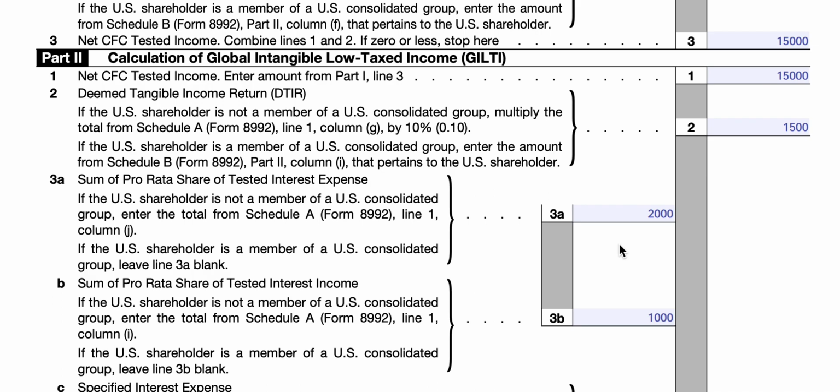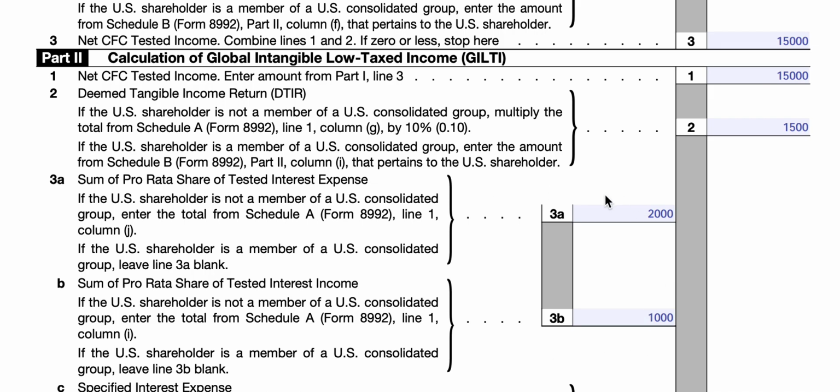So we're going to derive that information from the respective Schedule A. For the interest expense, that would be in column J, line 1, and then the interest income is in column I. So in this case, we have $2,000 of tested interest expense, and then $1,000, that's John Doe's pro rata share of the overall tested interest income.